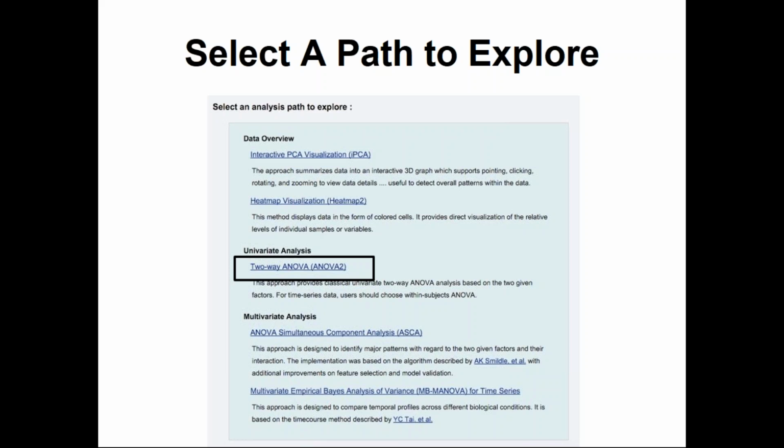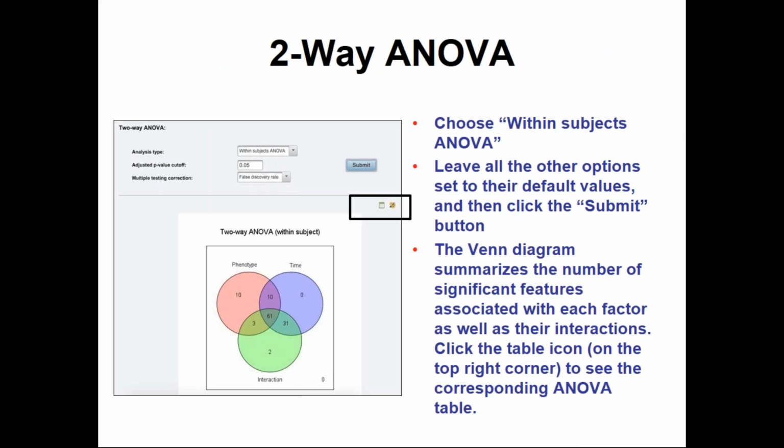I'll just look at the two-way ANOVA quickly, and when you click on it, immediately it generates this interesting Venn diagram, and this is really how to show that it's assessing those components that Carl had talked about, where we're looking at temporal components, we're looking at, if you want, the treatment, or in this case a phenotype, and then the interactions between those. And so this is what these ANOVA deconvolution things do, is that they try and separate those components out.